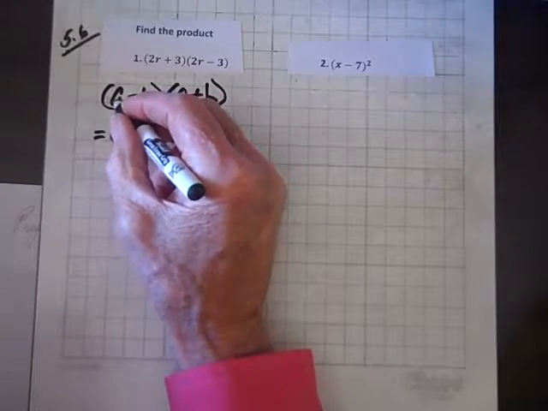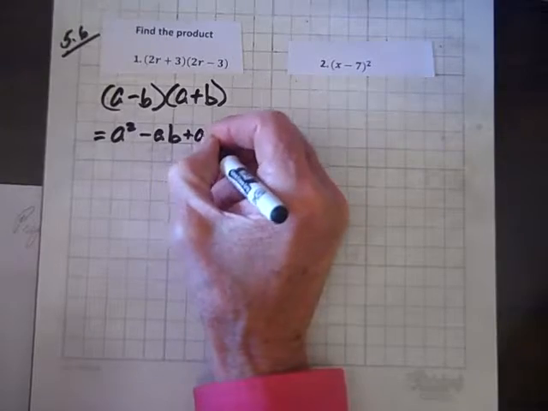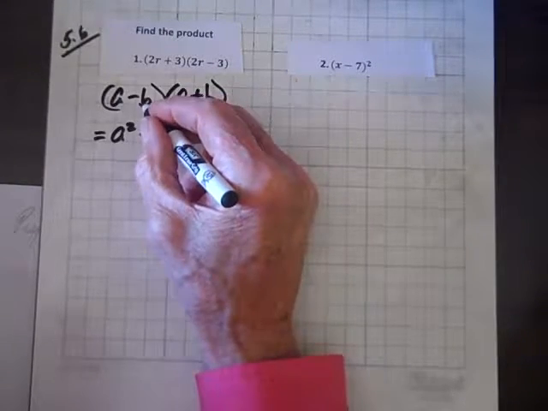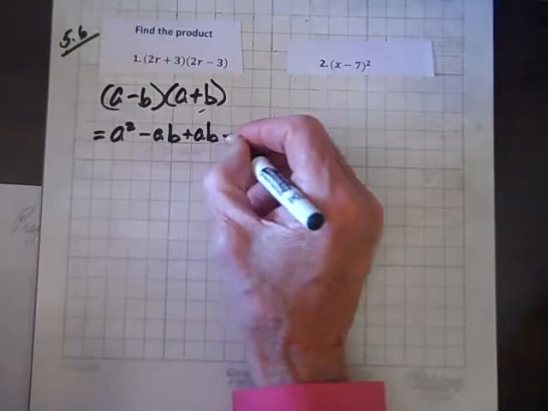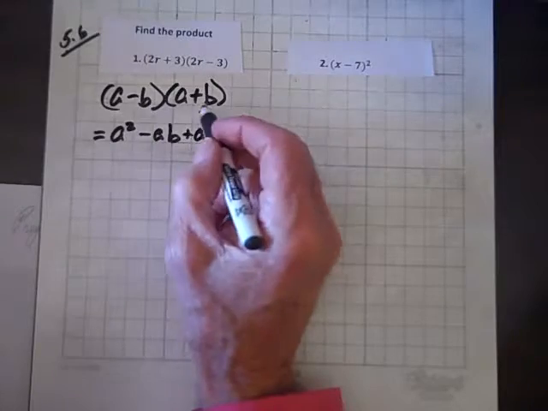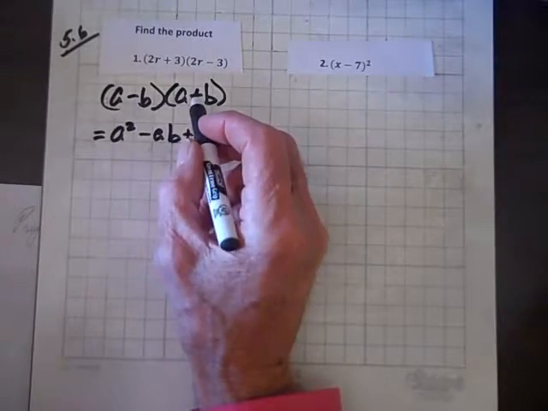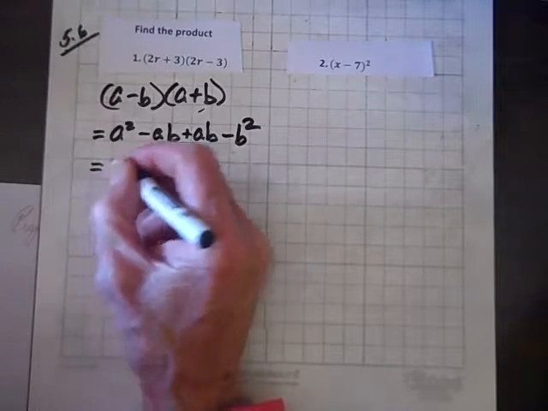ab, plus the product of these two, which is plus ab, and minus the product of these two b's, which is minus b squared. And so b times b is b squared, and we have an odd number of negatives, so that product is going to be negative.